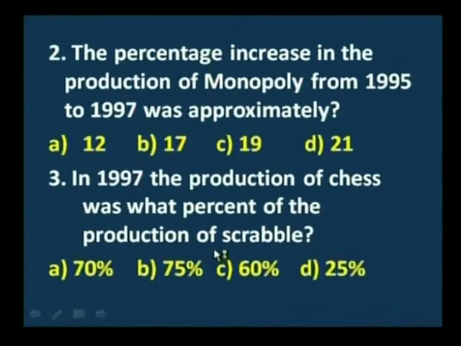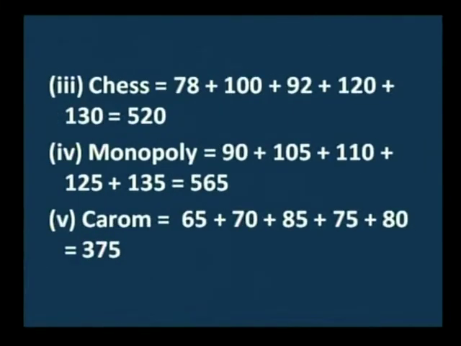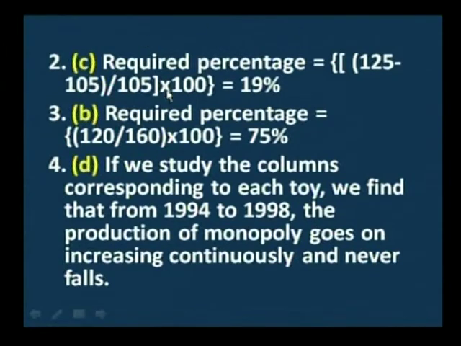So, the question says what percentage increase was there in the production of chess compared to the production of Scrabble. So, how do you go about doing this? First of all, compute the difference just like you did in problem 2. So, it is 120 by 160 into 100 gives you the 75%, that is the percentage difference in the Scrabble to chess.